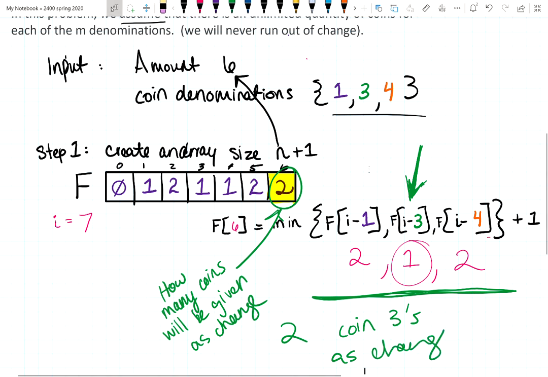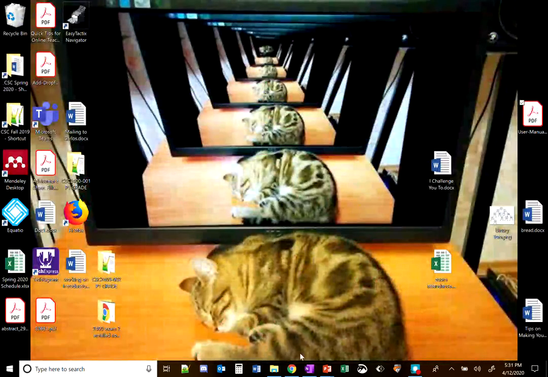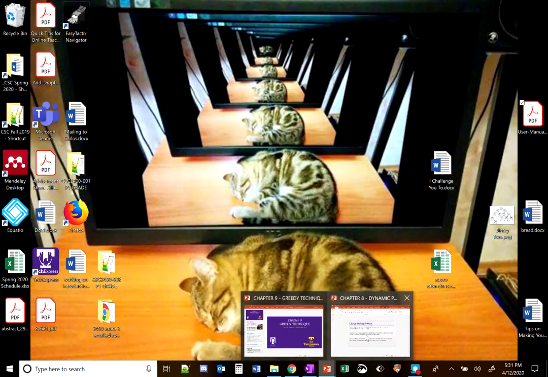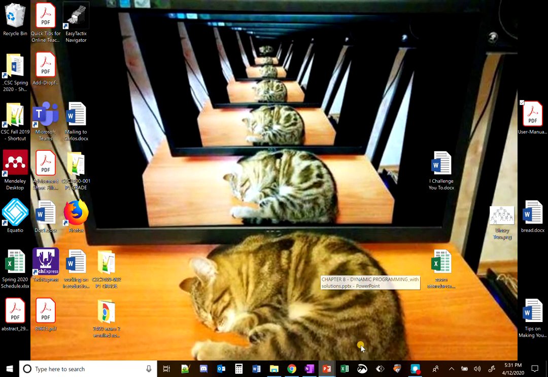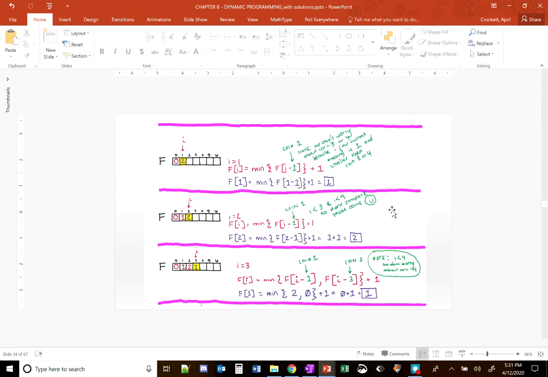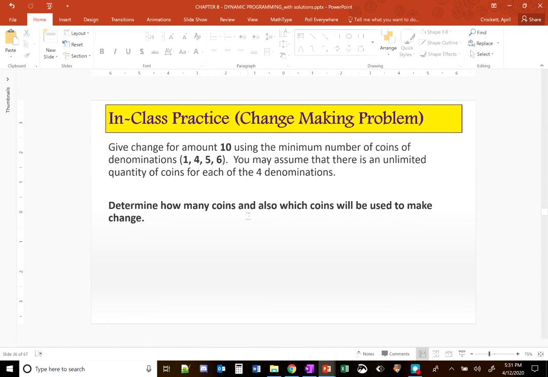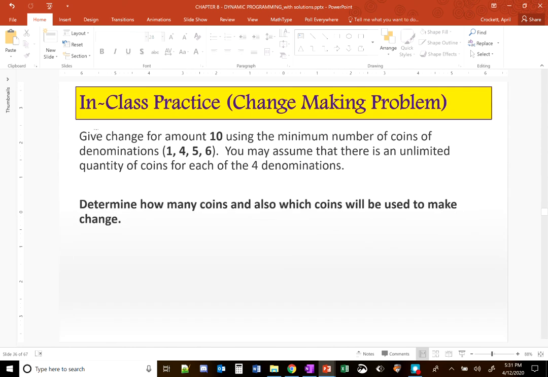Okay, so that's how you would go through this change making algorithm using the dynamic programming technique. Okay, and I think I do have a practice exercise that I'd like you to try. Let me fast forward through the slides here. Here we are, in class practice. So this is what you're going to do, and I would like for you to do it before our class on Wednesday morning.